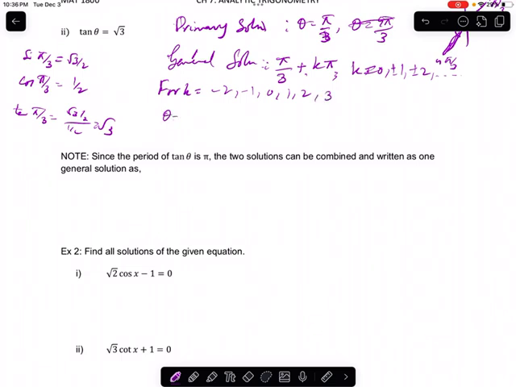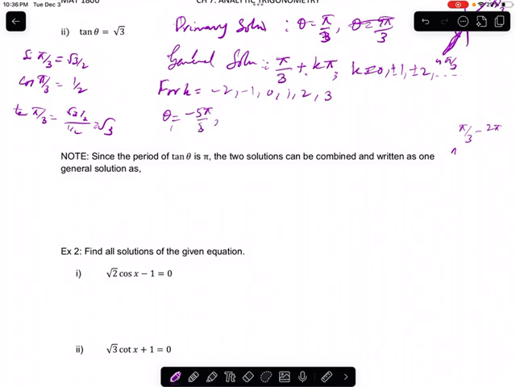So theta will be equal to pi over 3 minus 2 pi. For k, we will plug in negative 2. So pi over 3 minus 2 pi will give me negative 5 pi over 3.